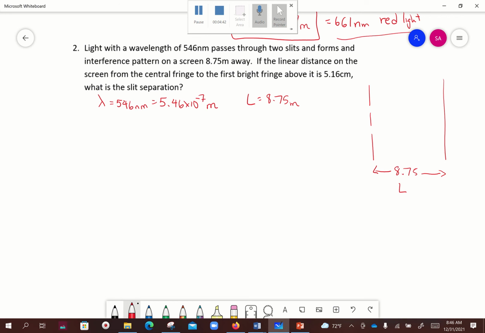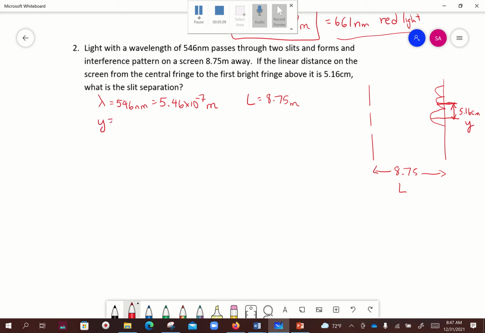The linear distance on the screen from the central fringe to the first bright fringe, and a fringe is the same as a peak, is 5.16 centimeters. We usually call that y.